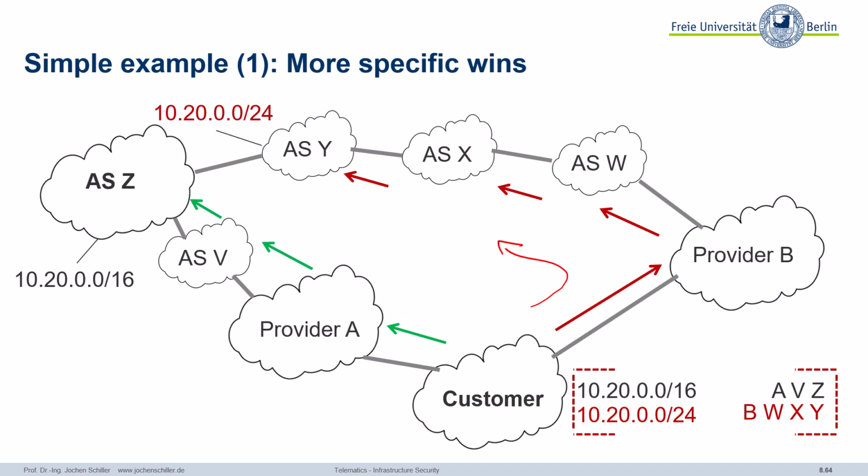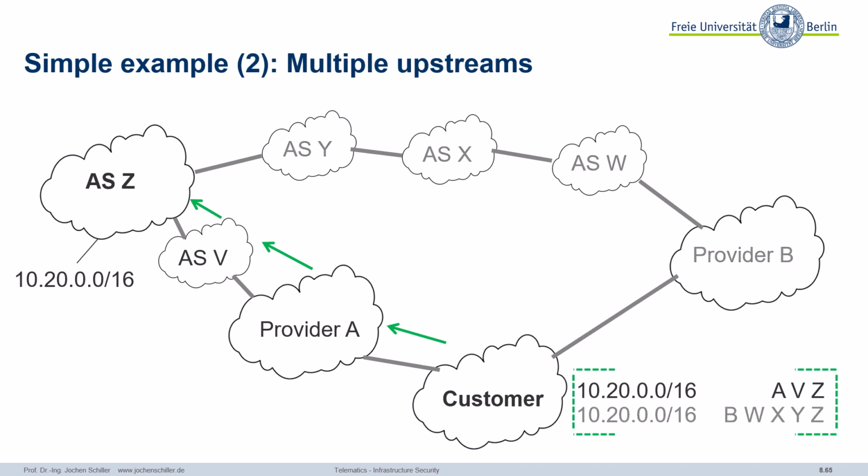We see what this has to do with this topic. The more specific wins, and we can have multiple upstreams. So this is also known: yes, we have the path we typically take. We can also have alternative paths, as shown here in this table. So we have path 1 and path 2. And typically we take the first one, but we can also take the other one.